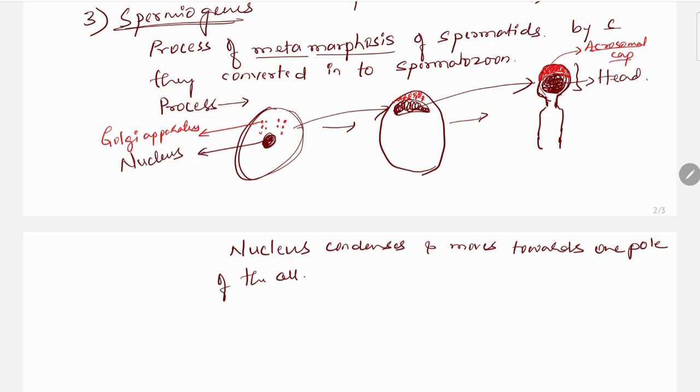It contains acrosin mainly as a chemical substance, but is made up of Golgi apparatus. So we write this as process number 1. The second process is the Golgi apparatus.